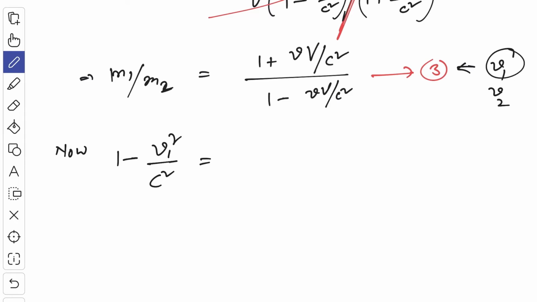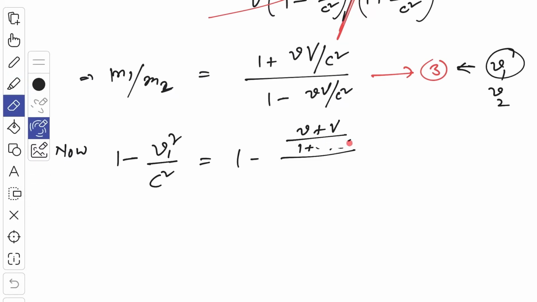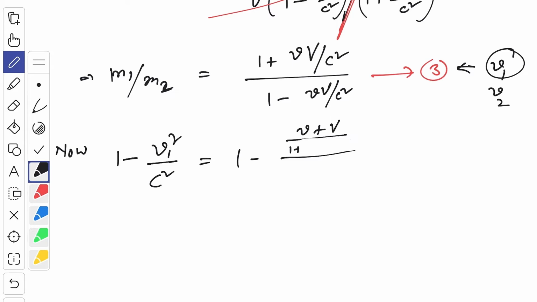First, if you replace the small v1 by the relativistic velocity, then small v1 will be small v plus capital V by 1 plus small v into capital V by c square, isn't it? So let me write it clearly. Okay, so what we have got here, 1 plus small v into capital V by c square, that is what we have got after replacing small v1 by the relativistic velocity.